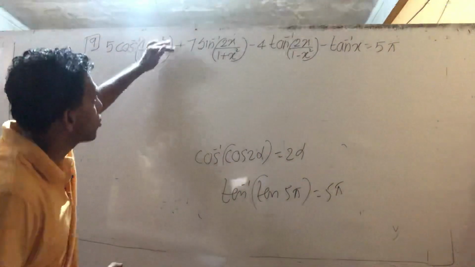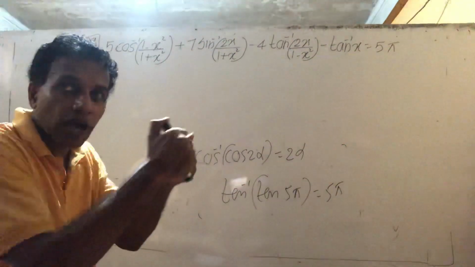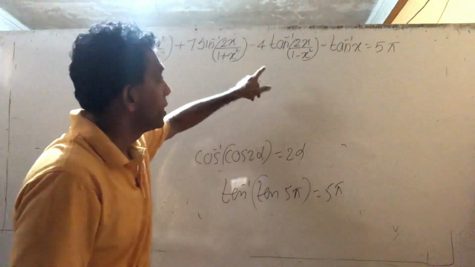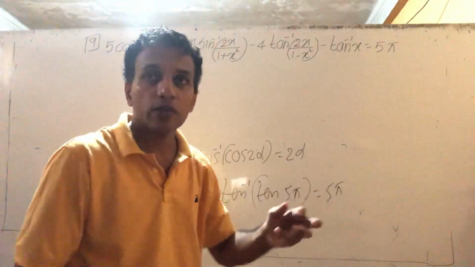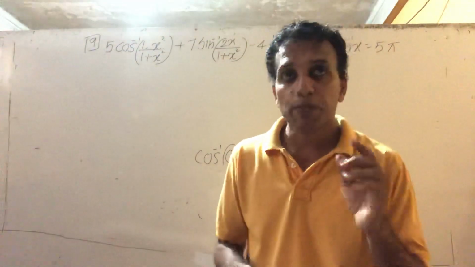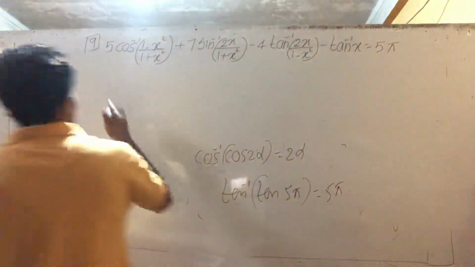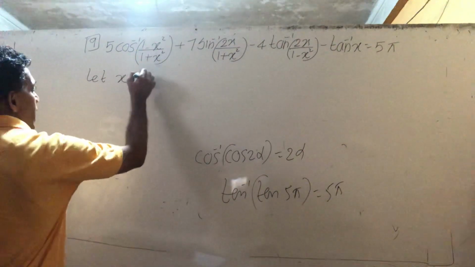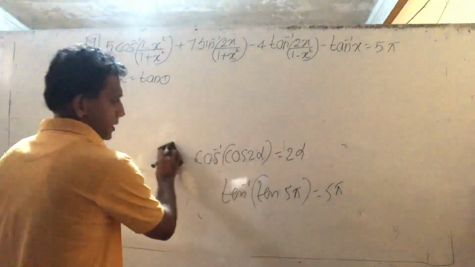Cos inverse becomes cos, that's easy, no? Cos inverse cos means you can take the angle out. Here sin inverse sin, and tan inverse tan, you put like that. If you have good knowledge of trigonometrical identities, you can put a proper substitution here. Let x equal tan theta.